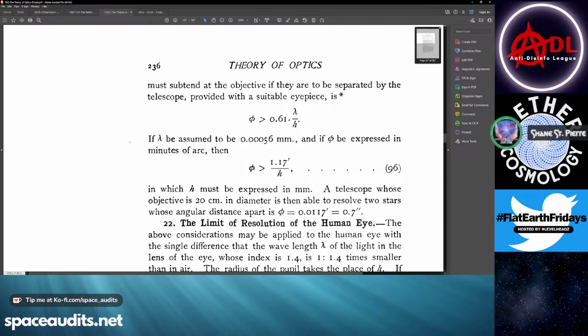If lambda be assumed to be 0.00056 millimeters, and if theta be expressed in minutes of arc, then theta is greater than 1.17 over h, in which h must be expressed in millimeters. A telescope whose objective is 20 centimeters in diameter is then able to resolve two stars whose angular distance apart is theta equals 0.0117 or 0.7.